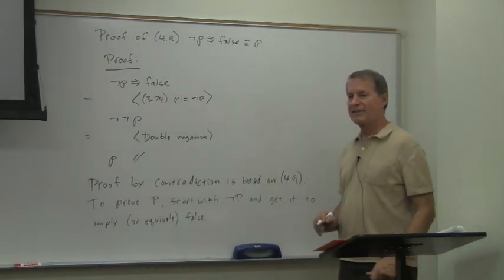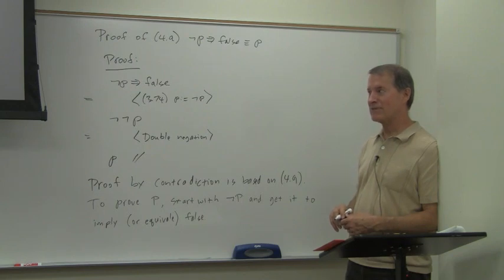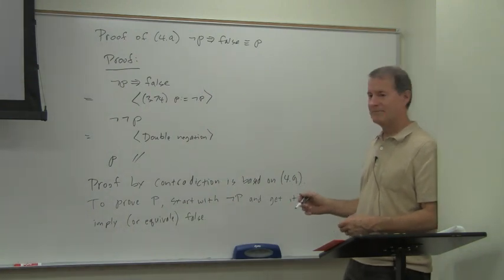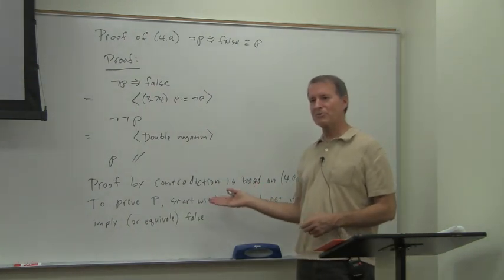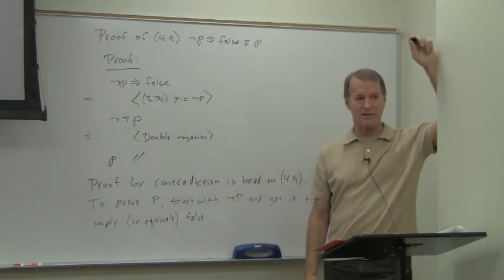Well, but if it equivales, does it imply? If P equivales Q, then does P imply Q? Yeah, it does. So you're proving more than you need to when you get it to equivalent. Is everybody following that logic?